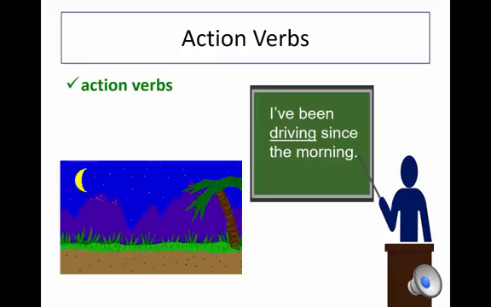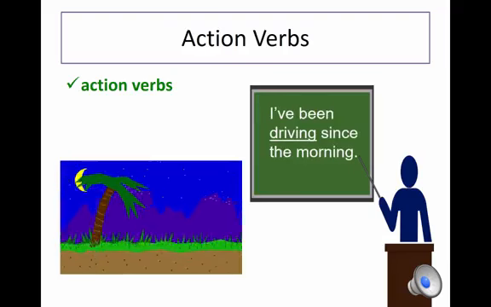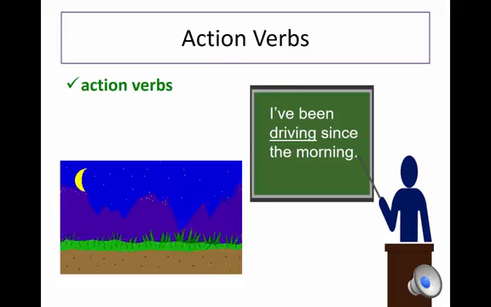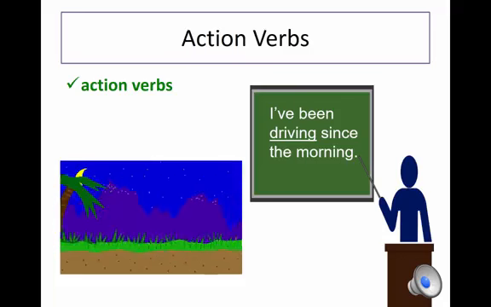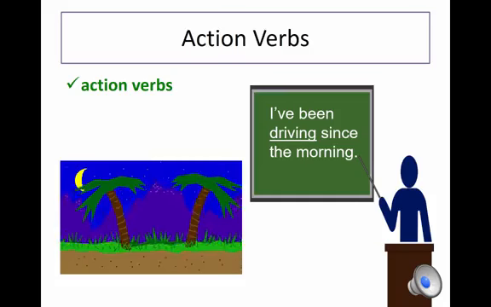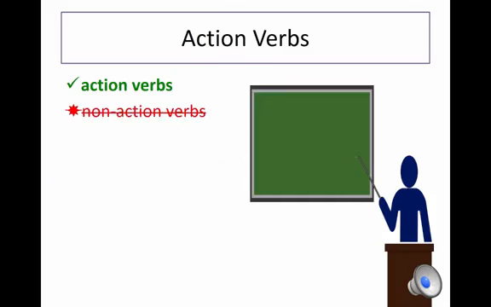I've been driving since the morning. Run, dance, and drive are all examples of action verbs that we can use with the present perfect progressive. However, we cannot use non-action verbs, also called verbs of state.